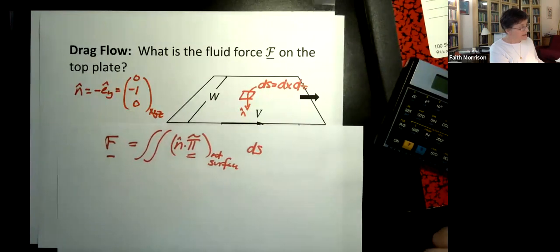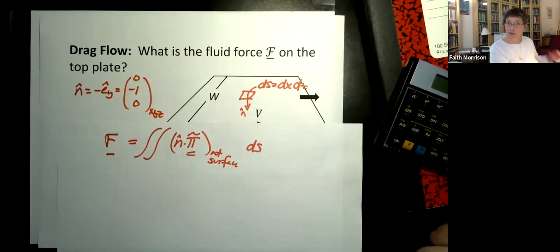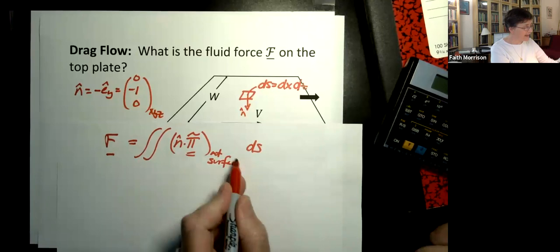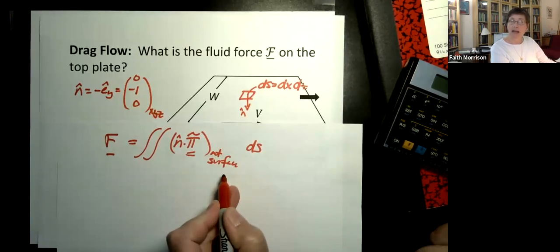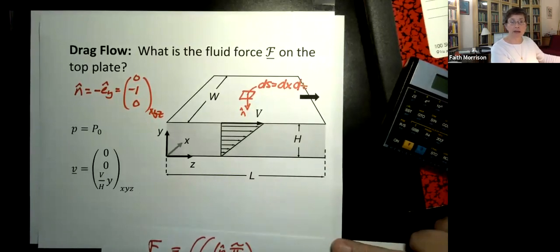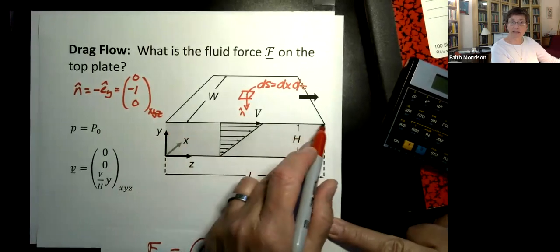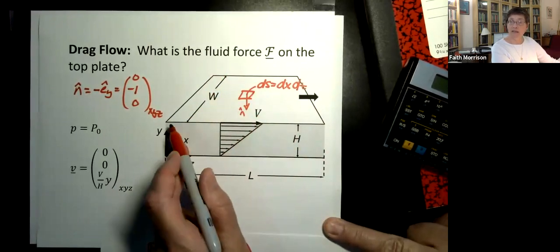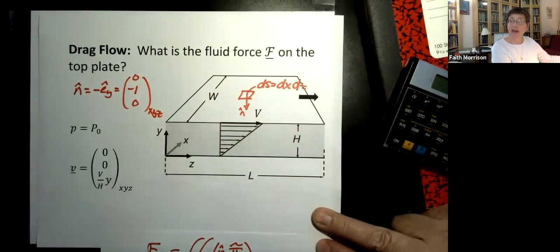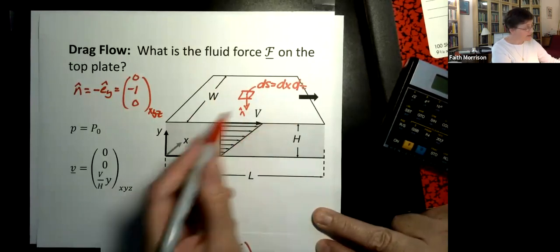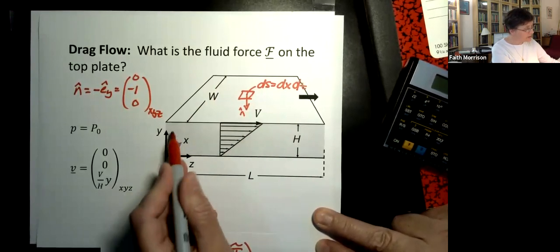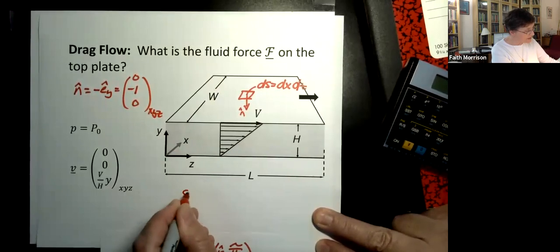The last piece of thing to ask ourselves is what this "at the surface" means. At the surface means we need to be able to identify where this surface is in the expression for n dot pi. And this is a surface that's at position y equals h.